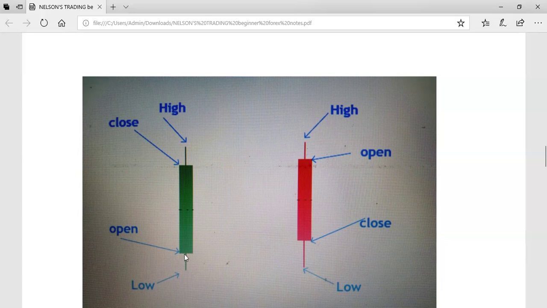When the price goes back, the price will be pushed and the price will go up to this point. So at first, the price will go up to the highest point, then the sellers will push the price down to this point. So this is the closing price during that specific time, for example, after 1 hour, after 1 minute, or after any other given minute. So remember, this is going up. This is the open, this is the close, this is the highest point the price reached during that specific time.